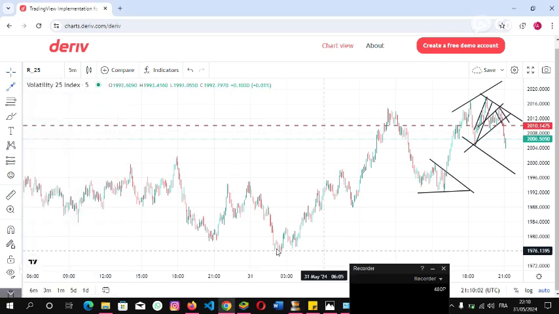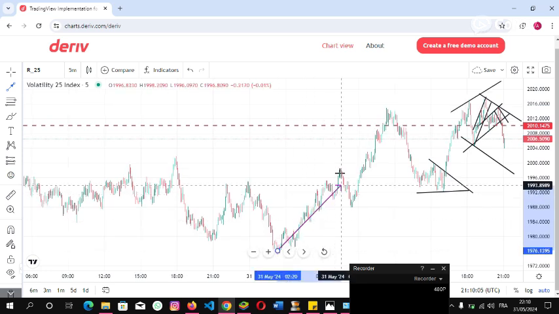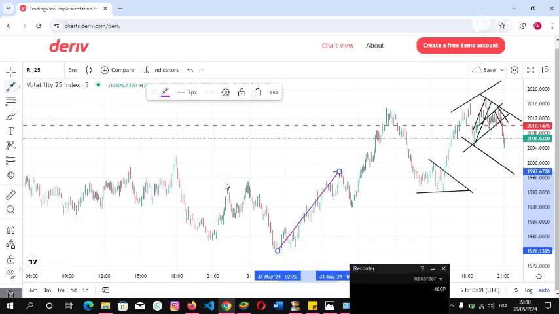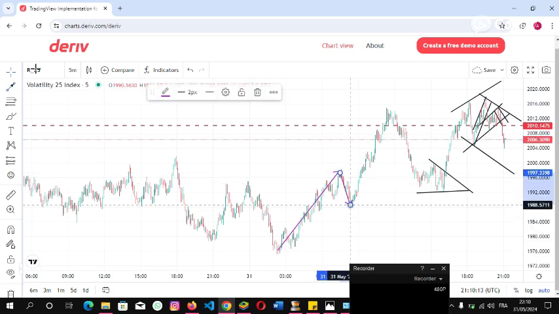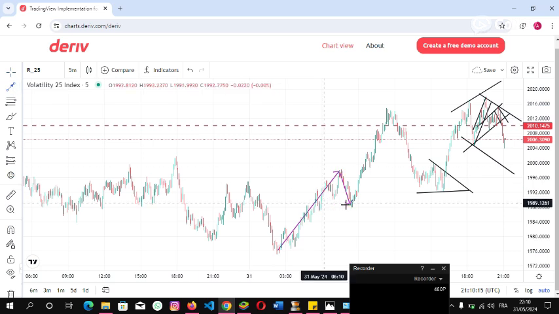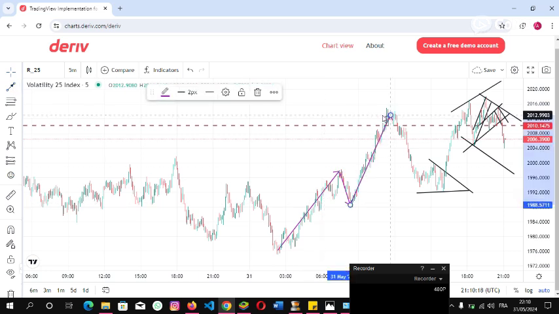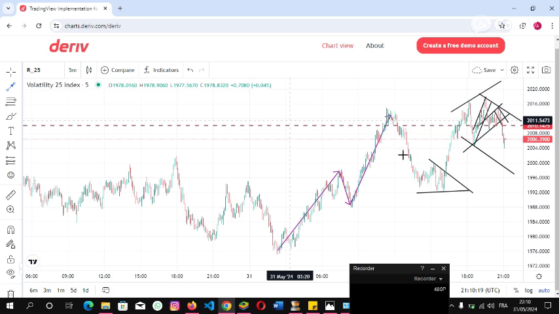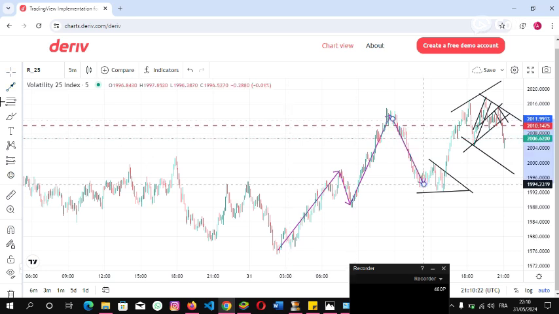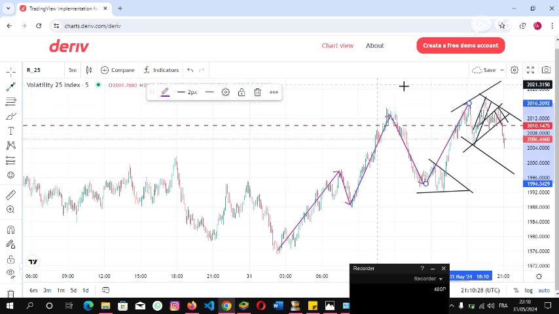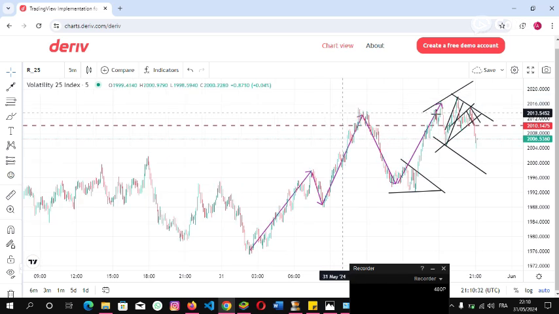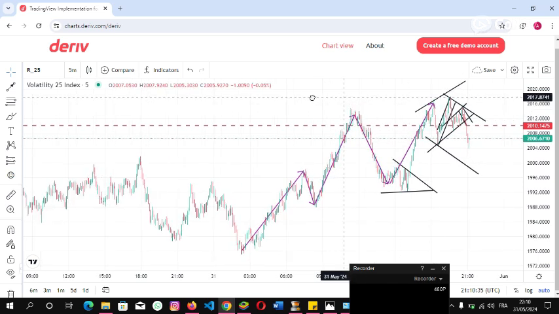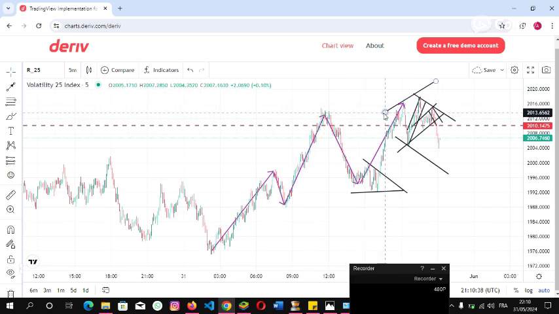You have here, this will be wave 1, wave 2, this will be wave 3, this will be wave 4, and then you have wave 5 right here, which just almost takes out the high of wave 3 a little bit. Typical of wave 5s, it forms some sort of double top right there.